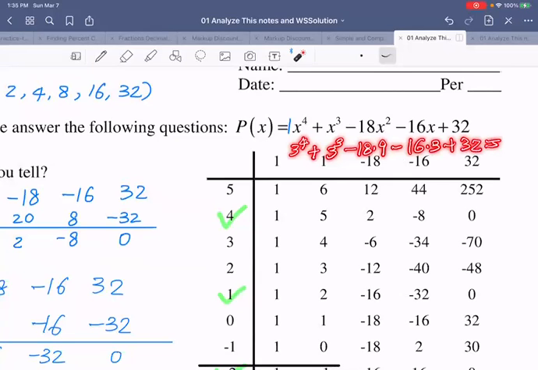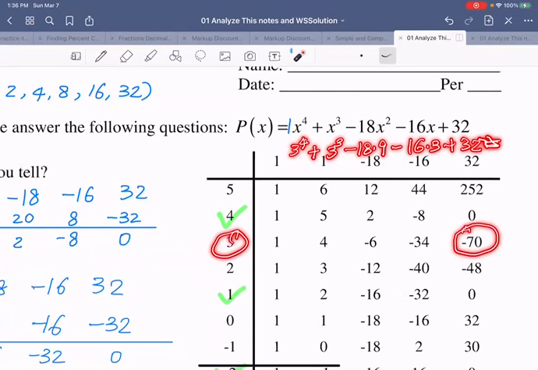You can do the calculation and tell me what this answer is. 81 plus 27 minus... How much? It's negative 70. That's correct.